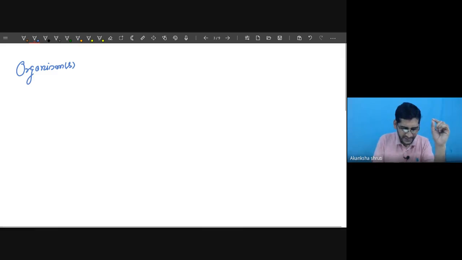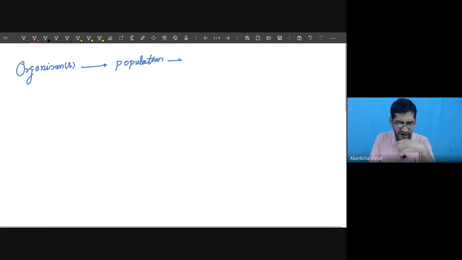If these organisms are present in larger amounts, then we define a term called population of that organism. So individual organisms collectively present, say the elephant. The population of elephant or population of human can be defined. So this combines to form a population.